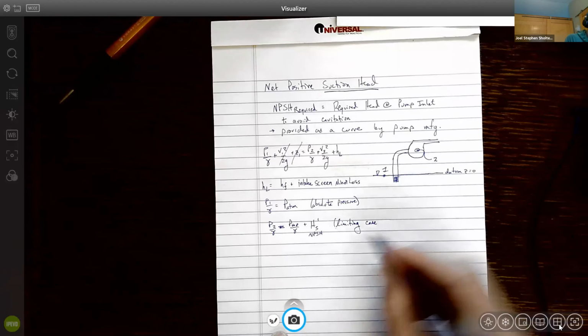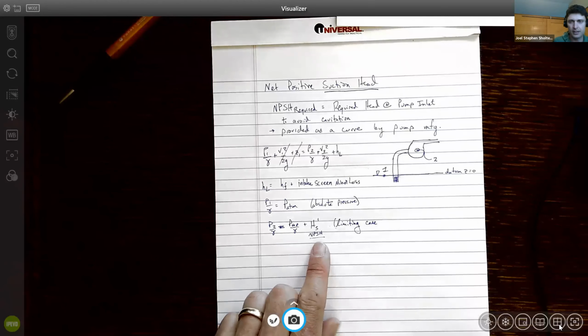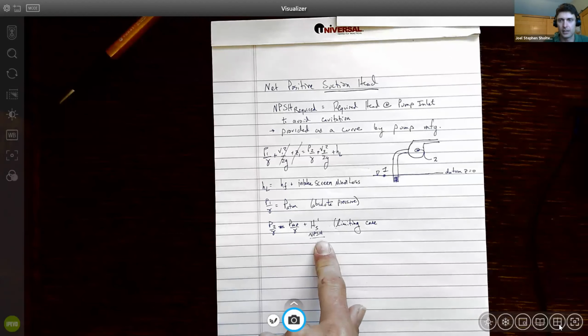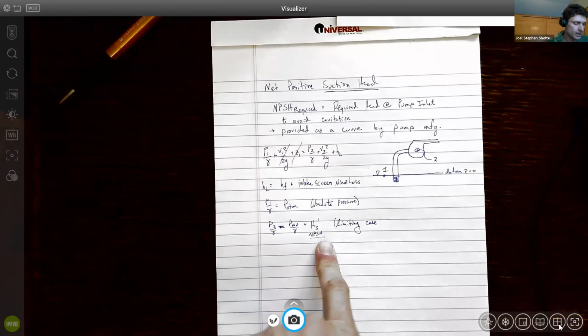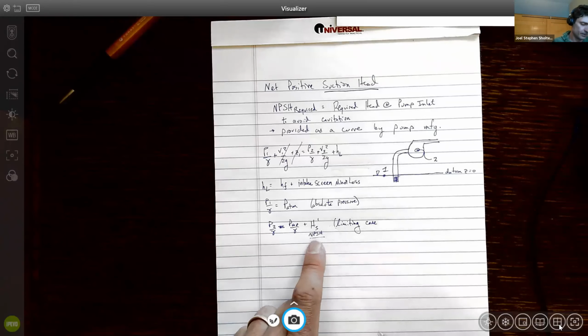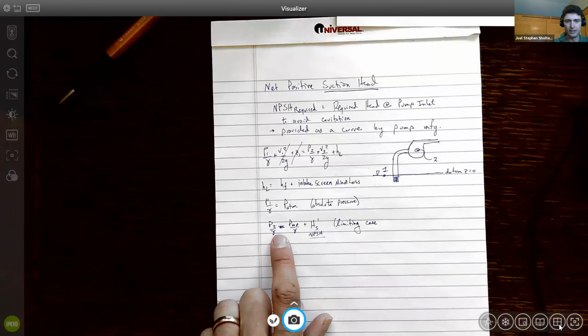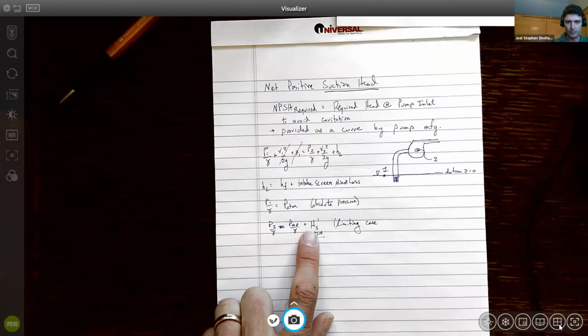Because the NPSH that they give us in our pump curve already has 2 feet of safety factor, we won't have cavitation occur. But if they didn't put that safety factor in, then if we solve this problem, cavitation would occur when P2 is equal to vapor pressure over gamma plus the NPSH.